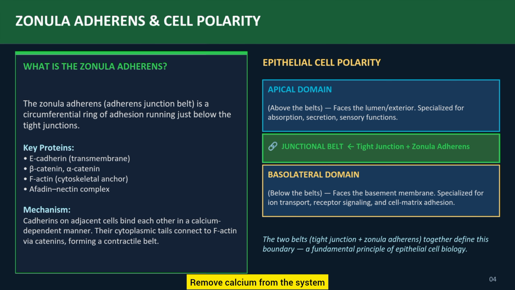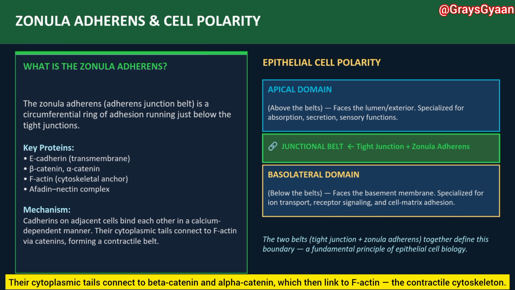Remove calcium from the system, and these junctions fall apart. That's why EDTA, which chelates calcium, is used in the lab to detach cell cultures. Cadherin on one cell binds Cadherin on the neighboring cell in a homophilic interaction, like a Velcro. Their cytoplasmic tails connect to beta-catenin and alpha-catenin, which then link to F-actin, the contractile cytoskeleton.